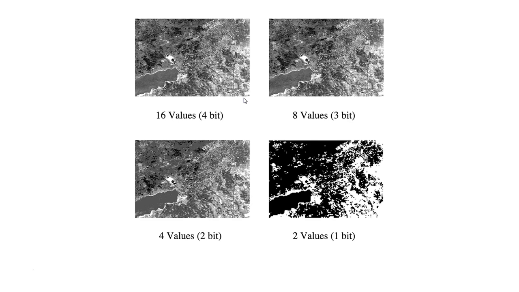So its radiometric resolution is much higher than just a simple Boolean yes-no type image. So we need to think about the resolution sometimes when we're trying to really sense the difference in a certain category of land cover.